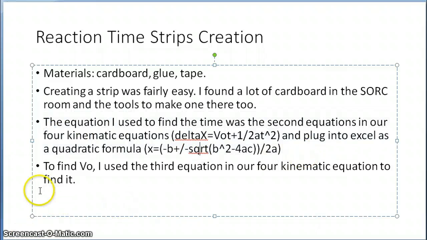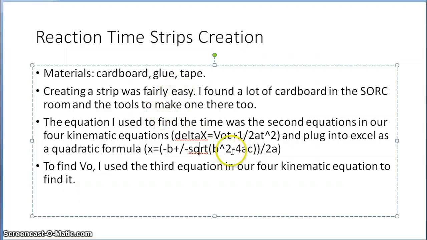and to find time I use the second equation in our four kinematic equations, which is delta x equals initial velocity times time plus 1/2 of the acceleration times time squared.